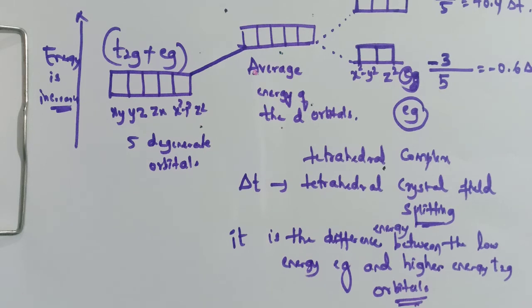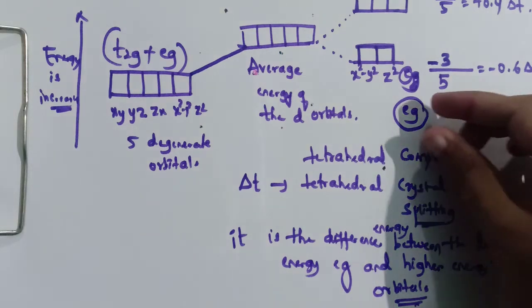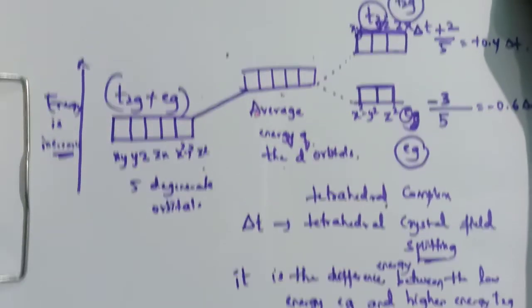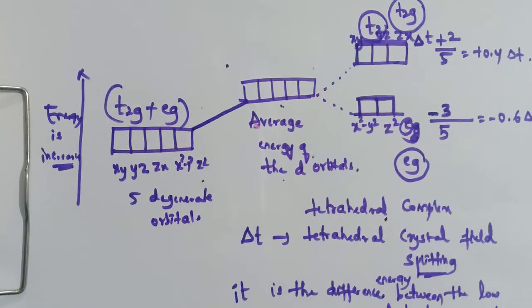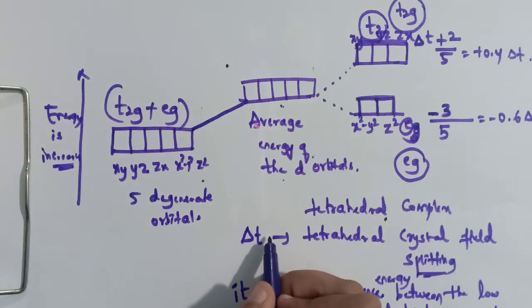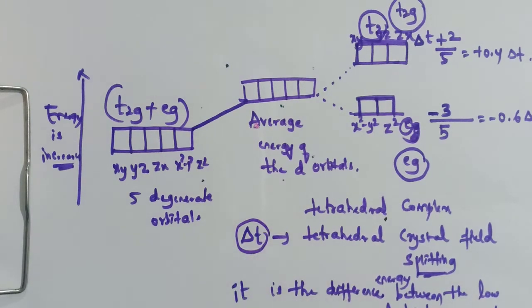It is called as crystal field splitting. It is the difference between the lower energy Eg orbitals and higher energy T2G orbitals, and it is denoted by delta T, and it is the explanation of tetrahedral complexes splitting of d orbitals.